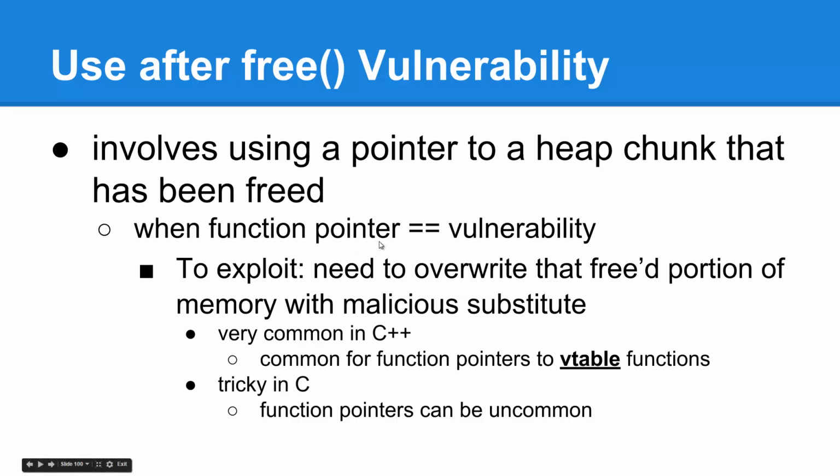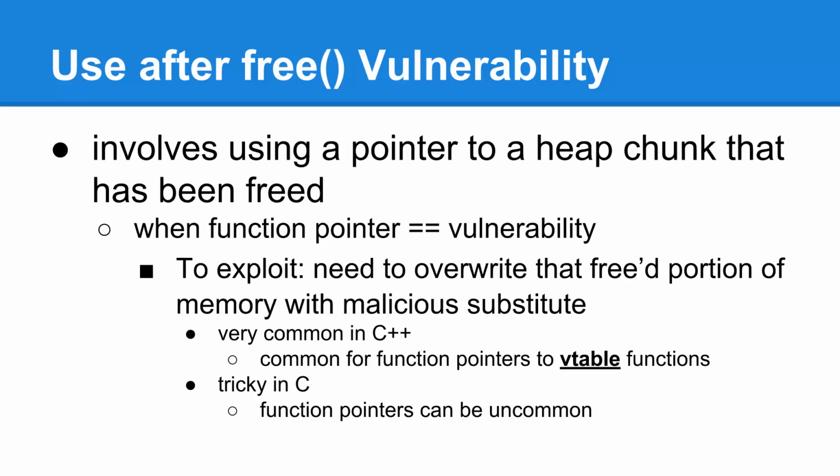When it's the case of a function pointer or an object that contained a function pointer, the goal for an attacker is to repopulate that memory chunk, and they may have to do that by essentially brute force, or a technique known as heap spraying, which I'll get into in a little bit, to populate that memory. It's not a deterministic process.